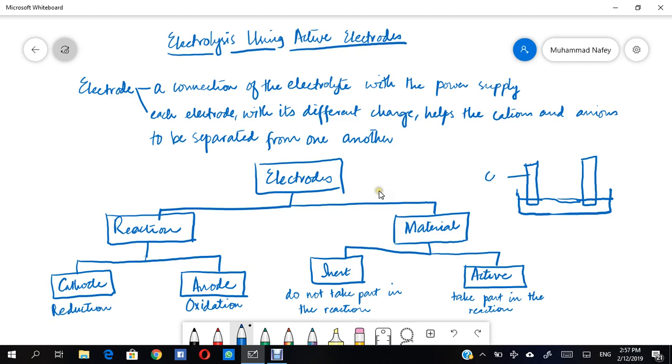Both of these are copper rods, and I've connected them to a power supply. These copper electrodes, when dipped into a solution of copper sulfate, will be called active electrodes.